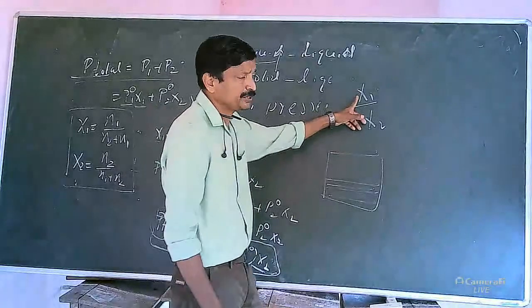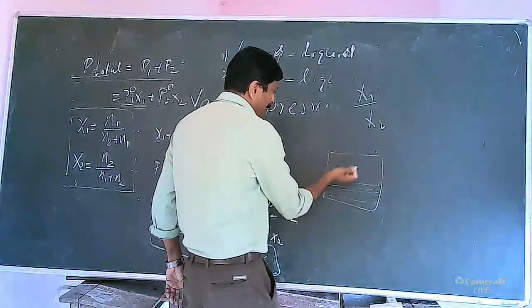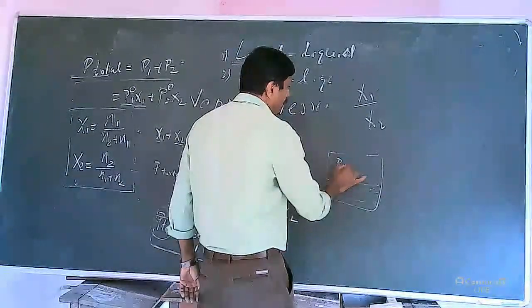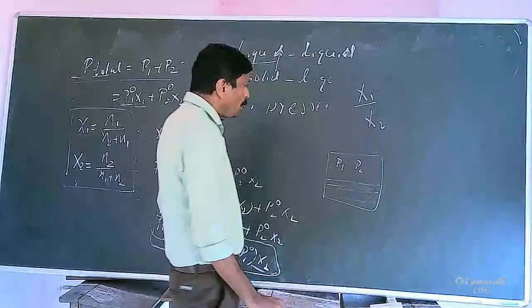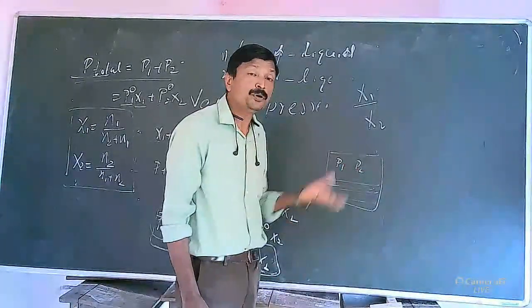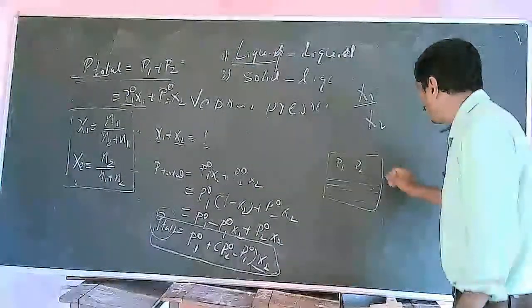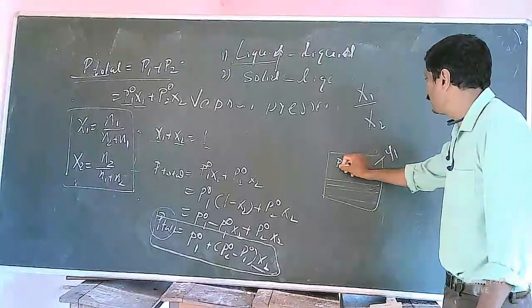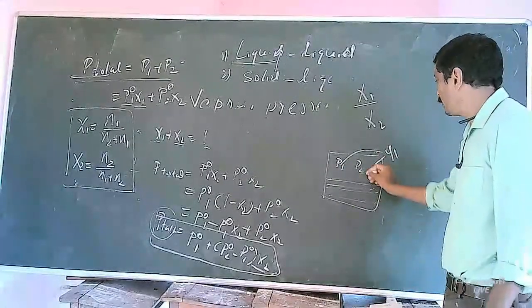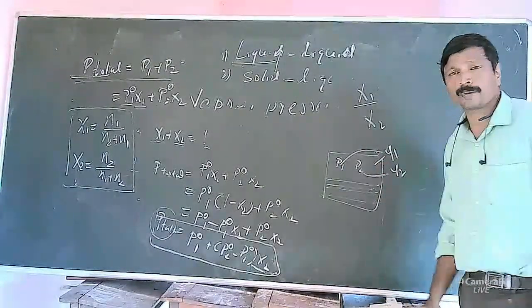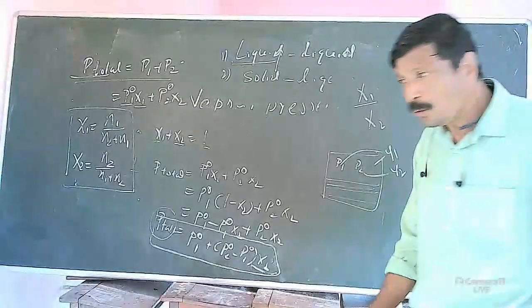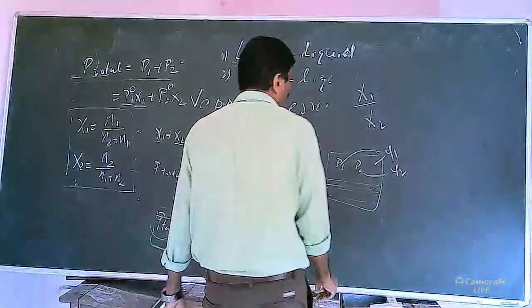The vapor contains P1 and P2. What is the mole fraction in a vapor phase? How do you calculate it? Suppose the mole fraction of component 1 in the vapor phase is Y1, and similarly Y2 is the mole fraction of component 2. How do you calculate Y1 and Y2?